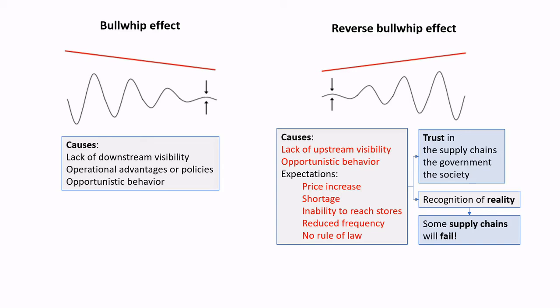But yes, that supply chain maybe will fail. So in that case, it's just recognition of reality. So because of that fear, you start buying a lot in the short term.